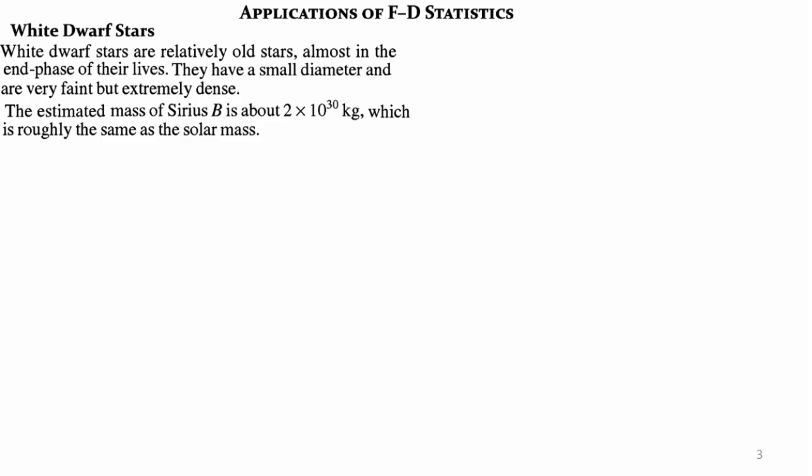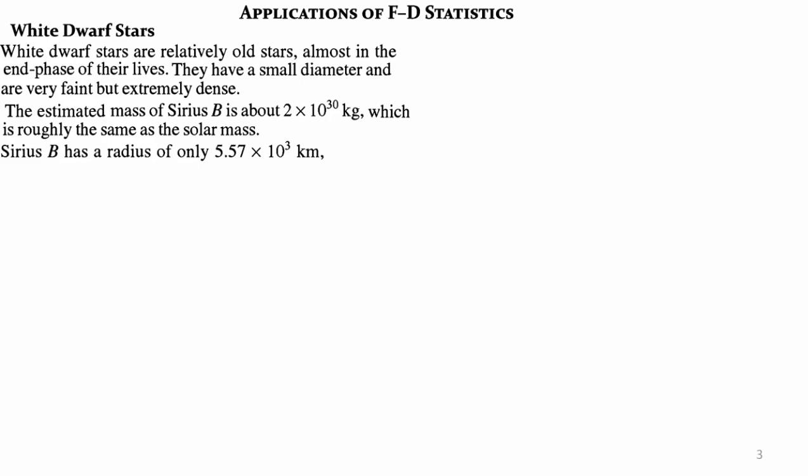So Sirius B has a mass of something like 2 into 10 to the 30 kg, which is roughly the same as the mass of our sun. But interestingly, this star has a radius of only 5.57 into 10 to the 3 kilometers, which is even less than the radius of our Earth.